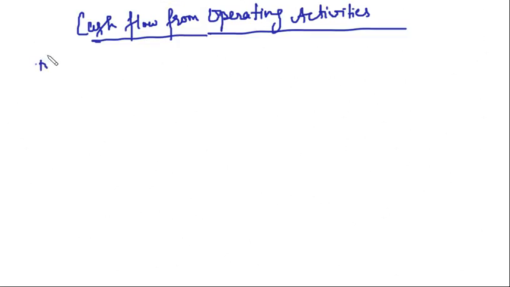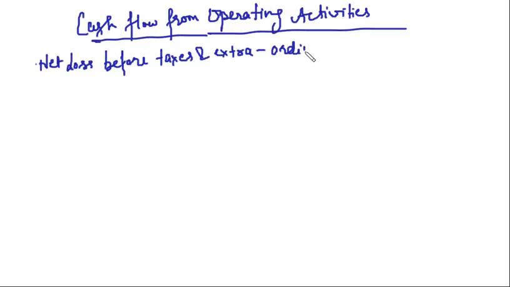So I'll say net loss before taxes and extraordinary item. No extraordinary item here. Clear? This is 1,65,000. Clear?